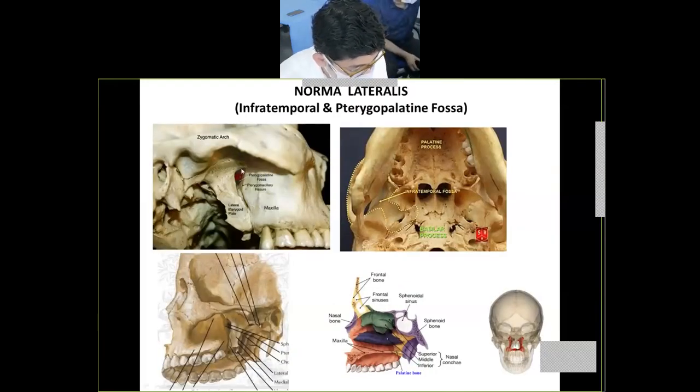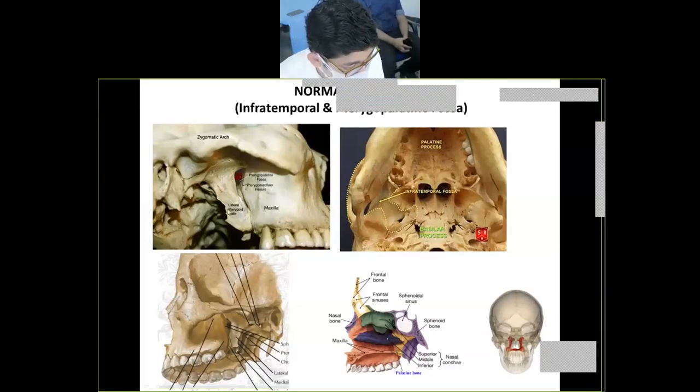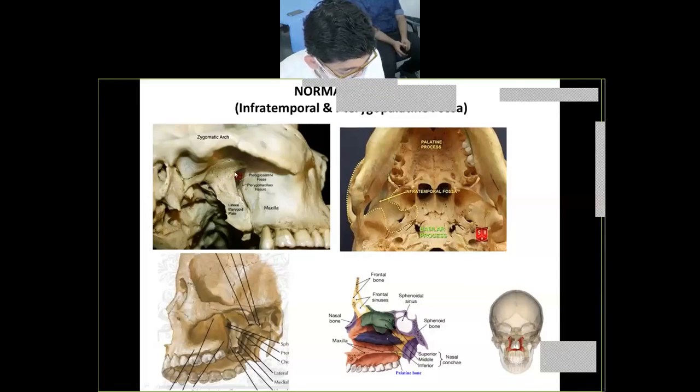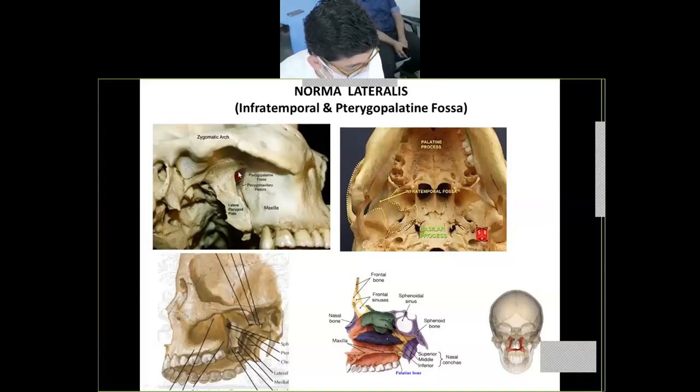The infratemporal fossa is communicating with the pterygopalatine fossa. Now, is this picture understood? This is the infratemporal fossa. Deep inside, there is the pterygopalatine fossa. Is this picture understood? Yes, sir.